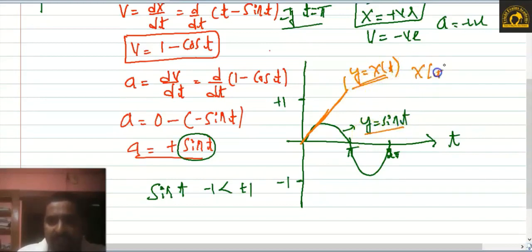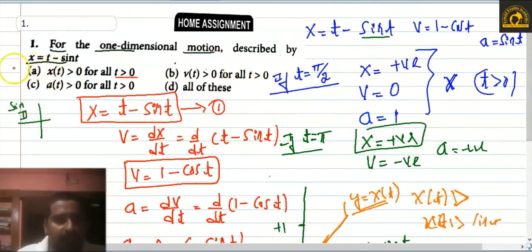The x(t) function is greater. x is greater than sine t. So the answer for this question is x(t) is greater than 0 for all t greater than 0. So in the first question, the first option is the correct answer.